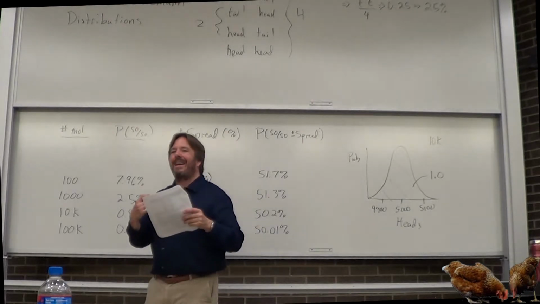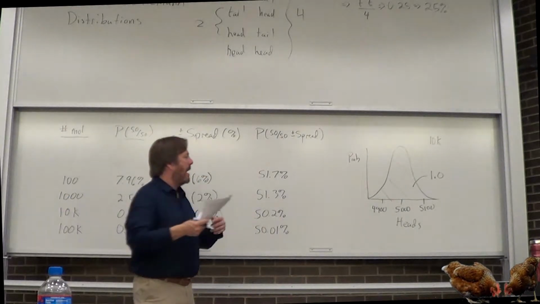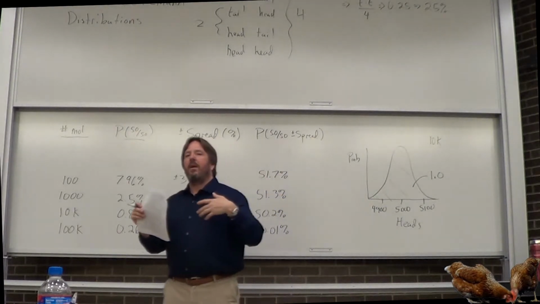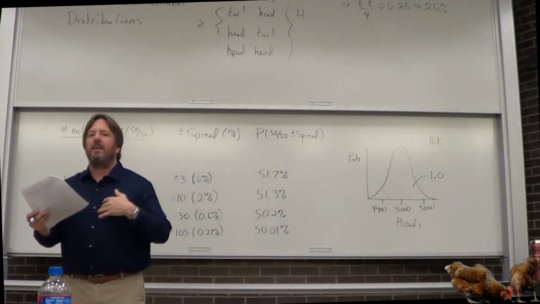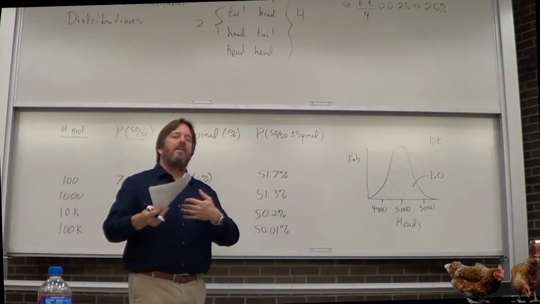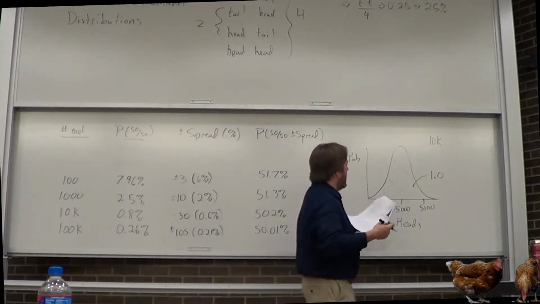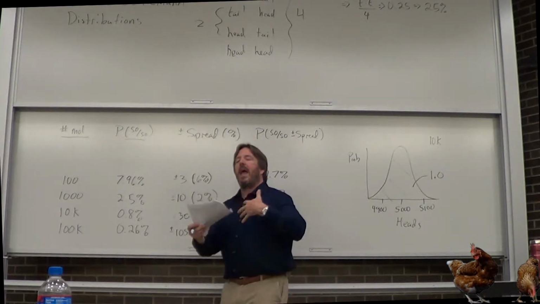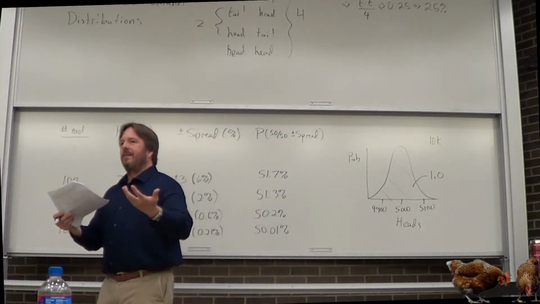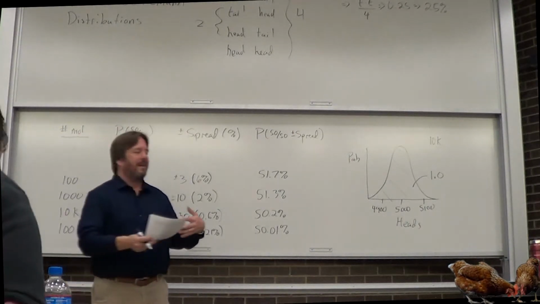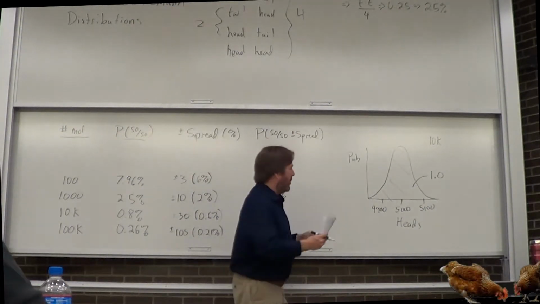That means, the way to interpret that, by the way, if I give you this graph on the exam, here's the probability and the area under the curve is 1. What does that mean? If I toss a coin a bunch of times, I will certainly get some number. I'm going to have some value for the number of heads. Of course you will. Maybe it's even 0. It's just improbable. But that's what that means. It's very simple.